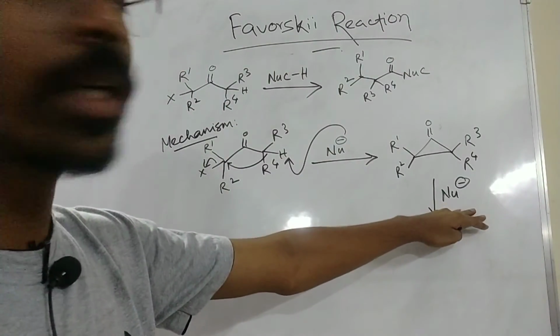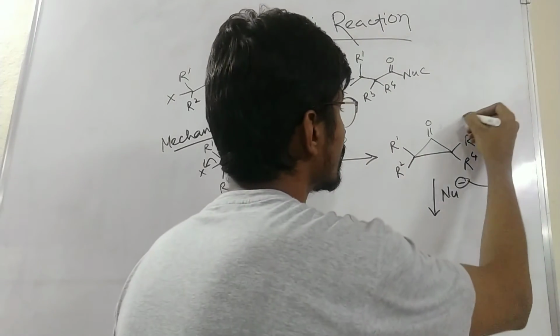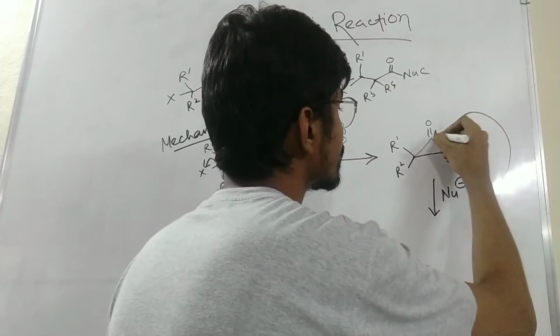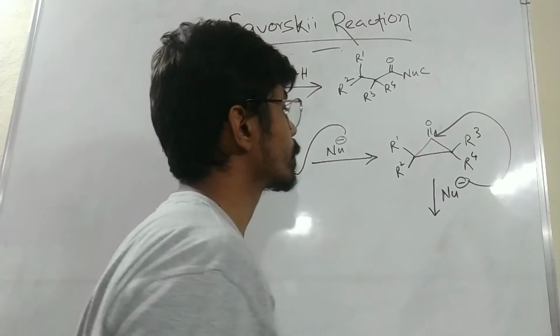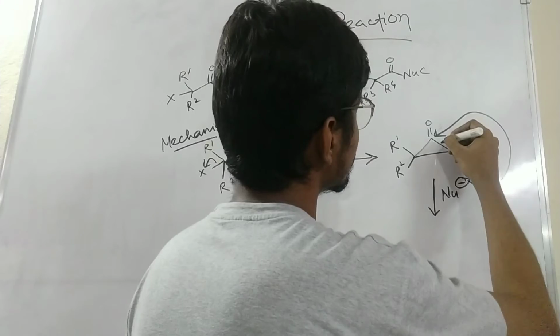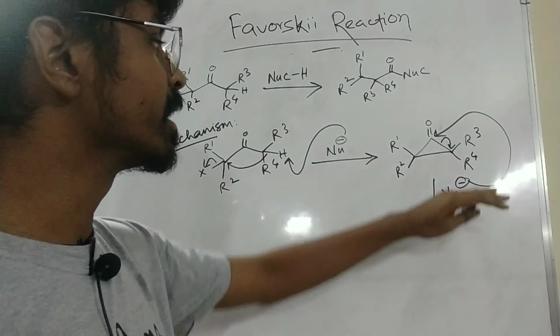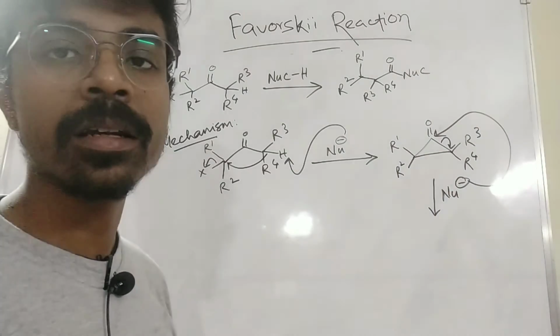Now the nucleophile is going to attack the ring again. It will attack the position that belongs to the keto group. Then the ring will break. So now you can ask on which side the ring can break.